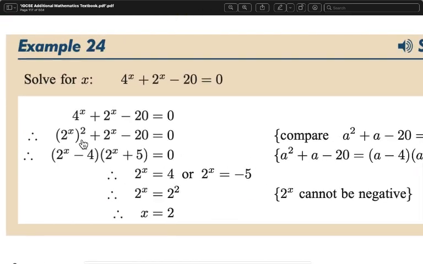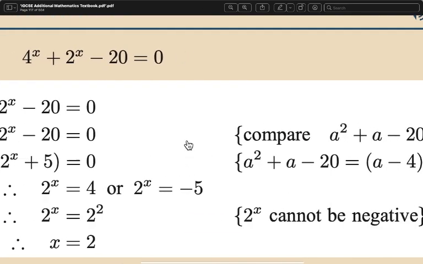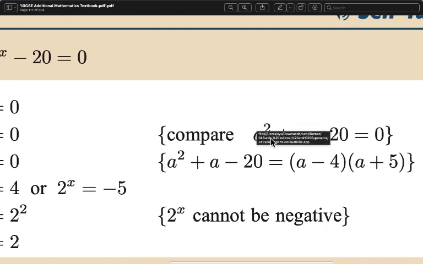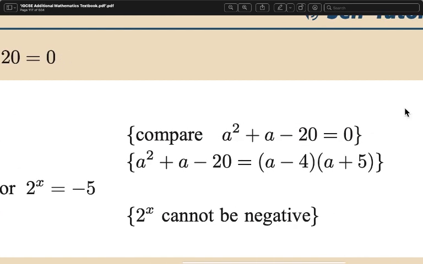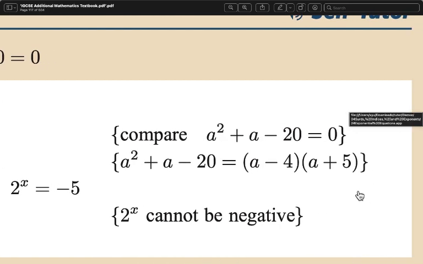You set a as 2 to the power of x, and the equation goes a squared plus a minus 20 equals 0. You break it down using the quadratic formula: a squared plus a minus 20 equals (a minus 4) times (a plus 5).